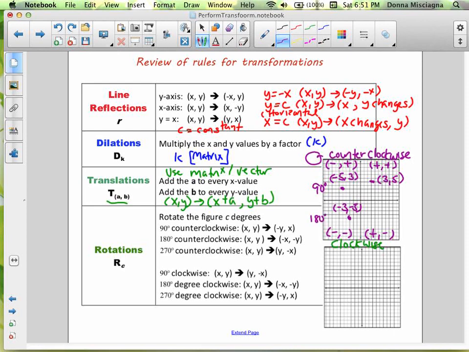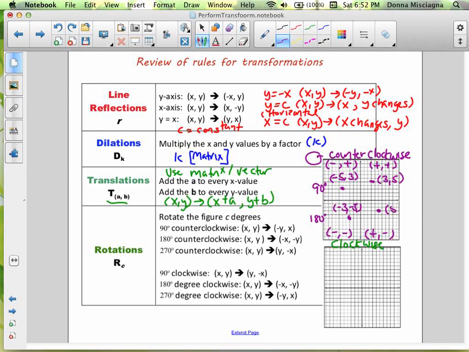And if I keep going, I'll rotate another 90 degrees. That would be 270. They'd switch back. My x's are positive, my y is negative. So when I switch back, what was x now becomes y, but it's got to be positive because x's are positive in that fourth quadrant. So 1, 2, 3, 4, 5, 1, 2, 3, but the y's are negative.